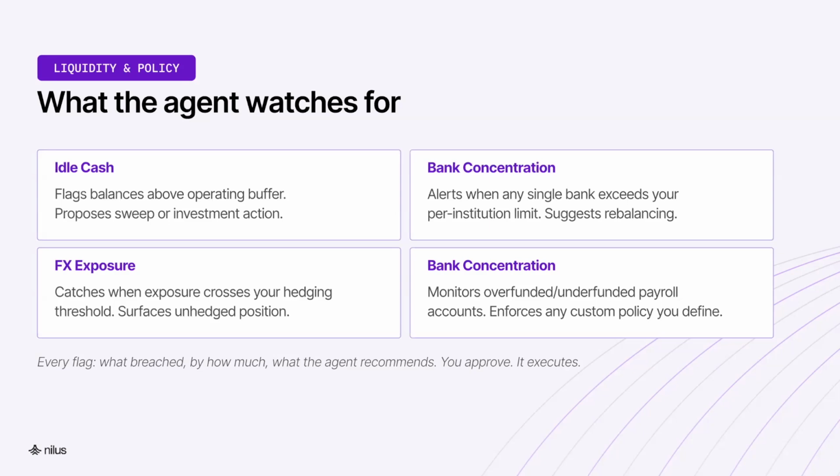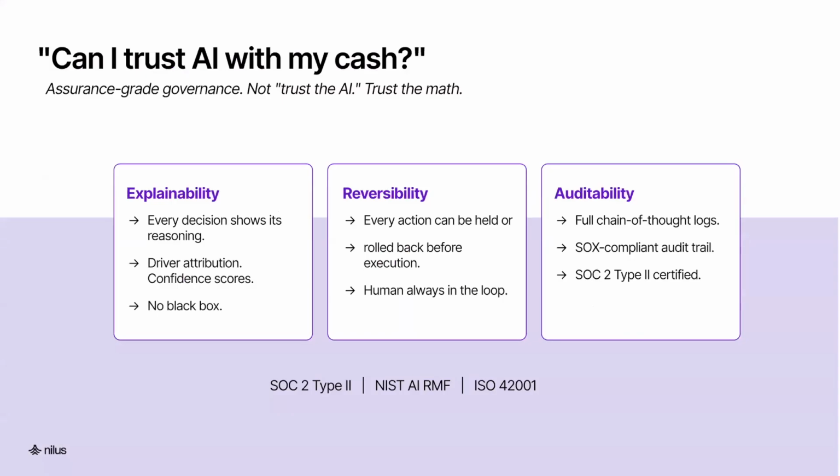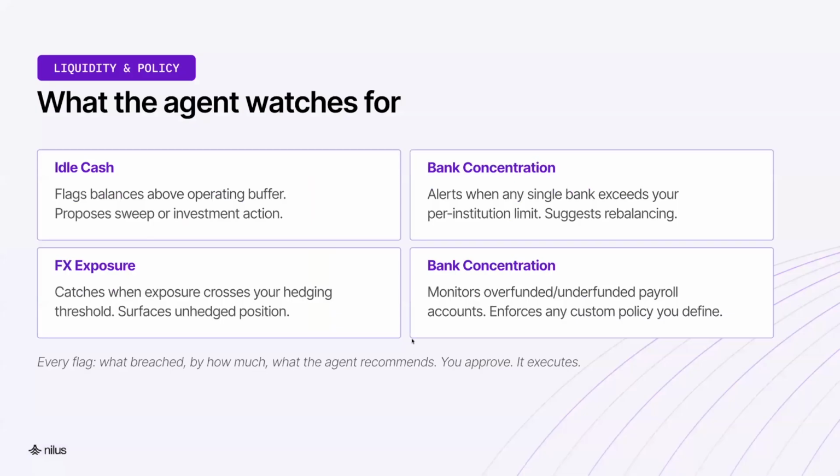FX exposure, especially nowadays when the US dollar bounces around against other currencies. You want to make sure you're exposed in a good way, and not exposed because of other transactions that you've booked ahead for the future. And many more, which you will see in a second in the demo.